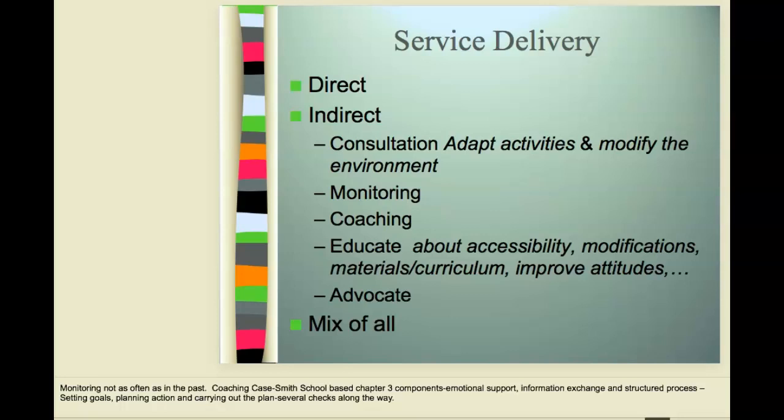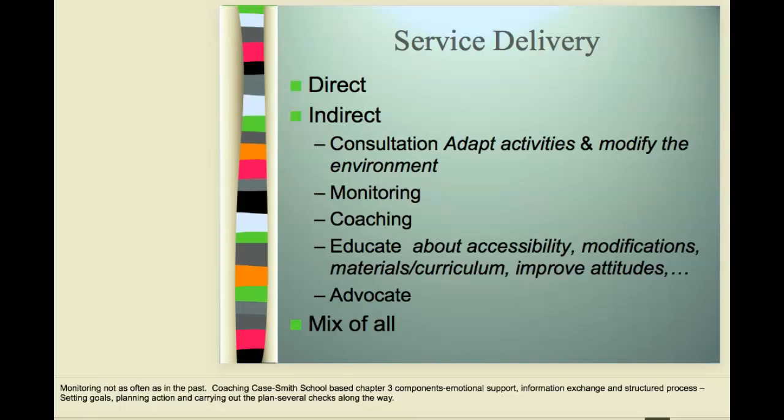The coaching model, Kay Smith does a fairly nice job in Chapter 3 on the coaching model. It talks about things like emotional support. So supporting, say, the teacher or the parent, giving them some information on the things that you would like them to see their child can do.